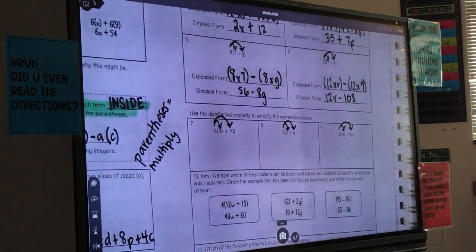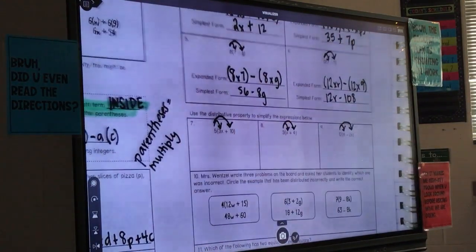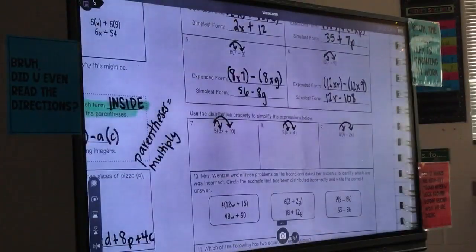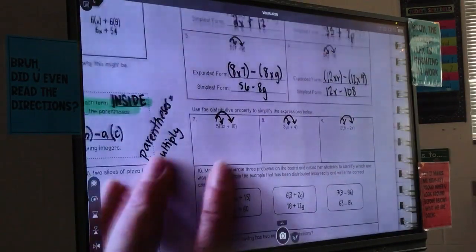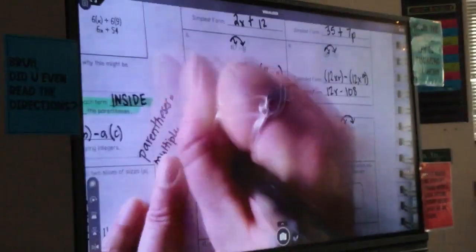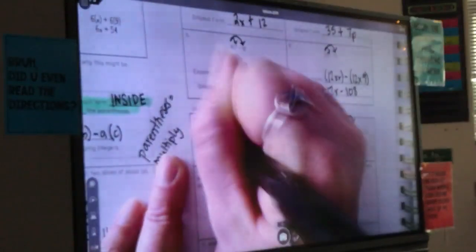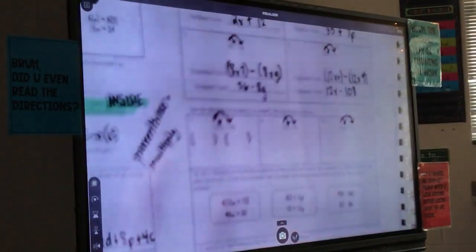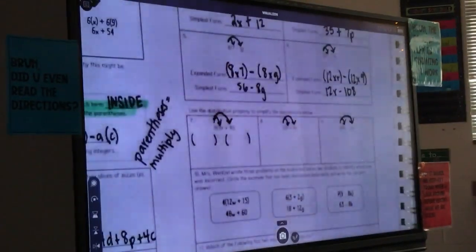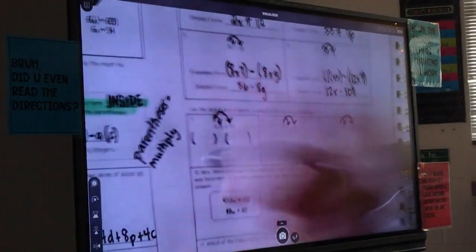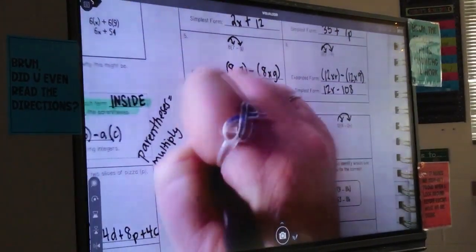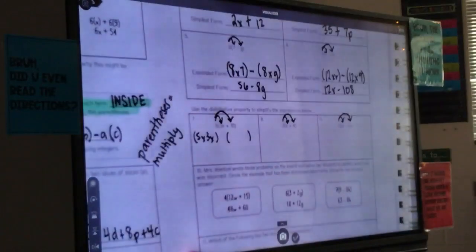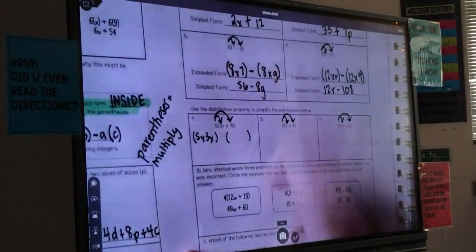All right, have a seat. So for number 7, what goes inside the first set of parentheses? All right, Drake. 5 times 3x. What goes in between the parentheses? The plus sign.